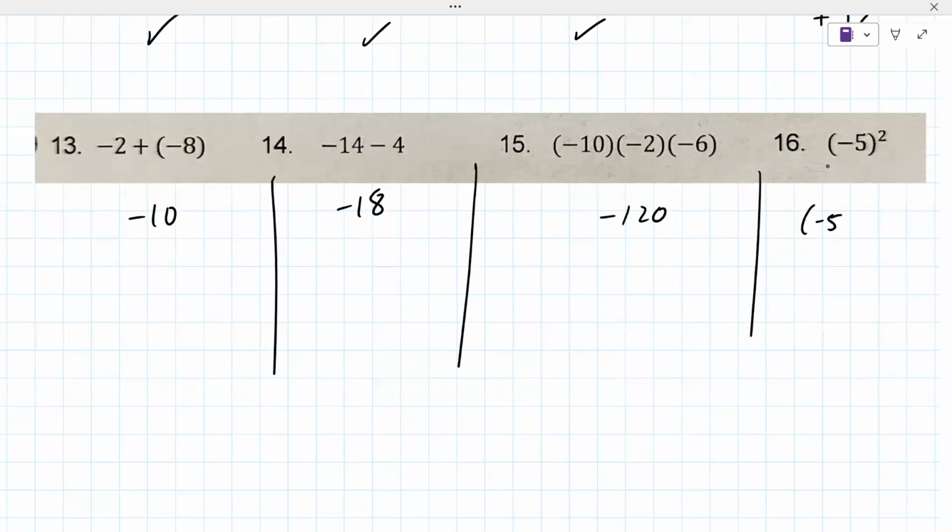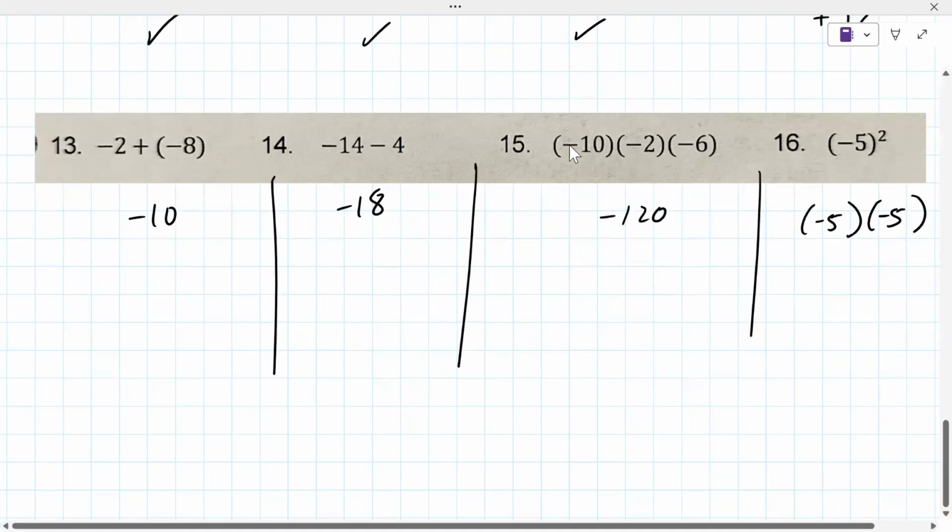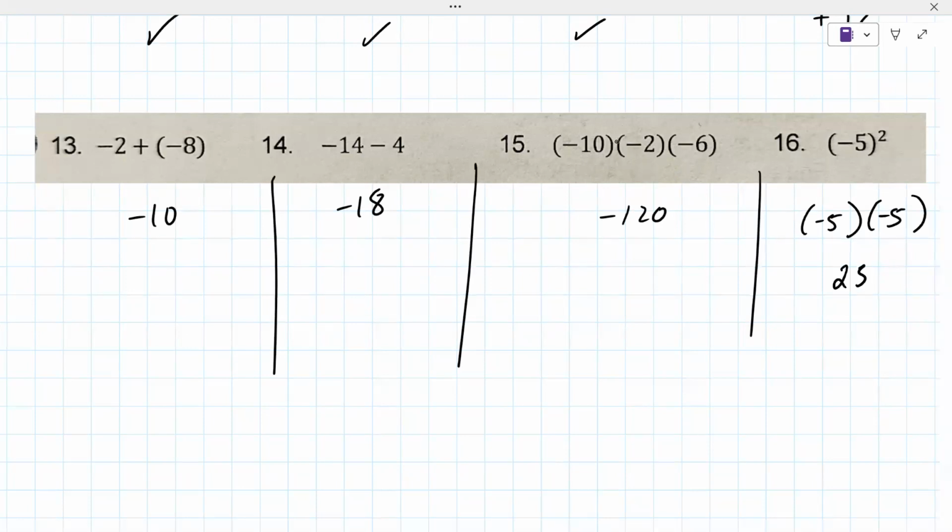So it's -5 times -5. Sometimes it's better to write that out. So negative 25 or 25? Well, you just answered this one correctly. Like 3 negatives made a negative, 2 negatives make a positive. Oh, okay. So 25. 25, good.